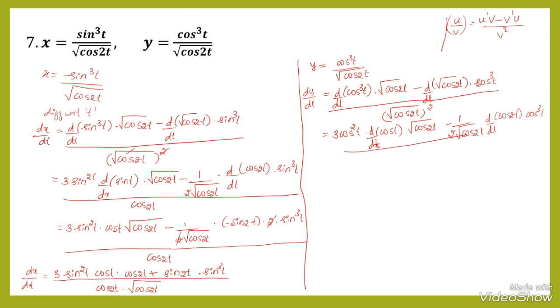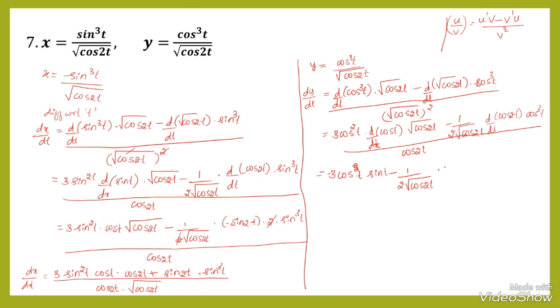Then the whole divided by, here the root gets cancelled, we have cos 2t only. Then the equation becomes 3 into cos square t. Differentiation of cos will be minus sin. Here I am taking minus sin, minus 1 divided by 2 into root of cos 2t.